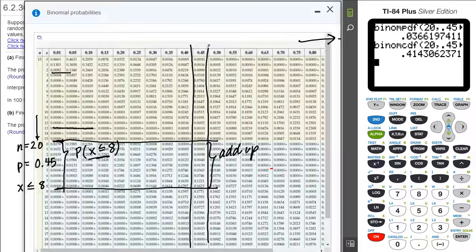That would be 0 plus 0.0001 plus 0.0008 plus 0.004 plus 0.0139 plus 0.0365 plus 0.0746 plus 0.1221 plus 0.1623. And I did it all right because I get the same value as we did from the calculator, 0.4143. That's the cumulative probability less than or equal to 8.